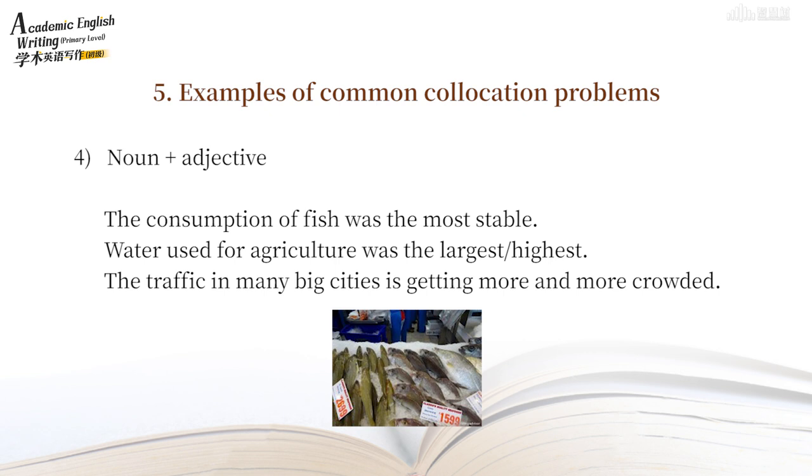These sentences don't sound right. In the first sentence, consumption and stable don't usually collocate with each other. In the second sentence, water doesn't collocate with large or high, and in the third, traffic doesn't collocate with crowded.